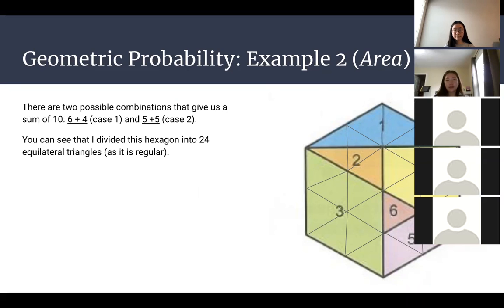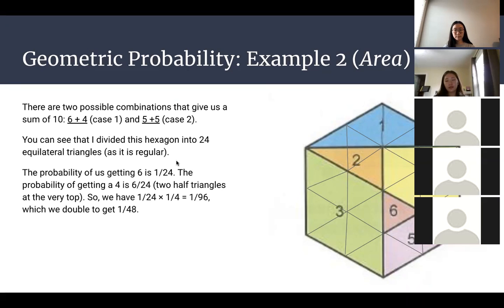And we know that this is a regular hexagon, so we can divide it into 24 equilateral triangles, and these triangles fit the criteria of the question. For our first case, the probability of getting 6 is 1/24, because 6 is one of those triangles out of the 24 on this dartboard.